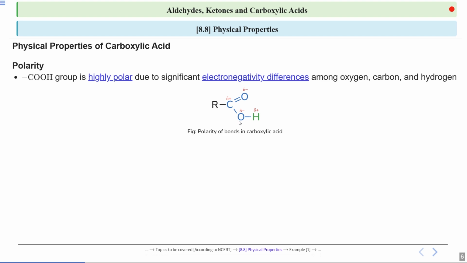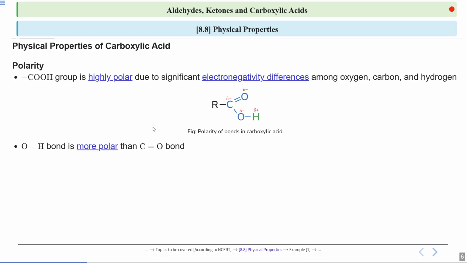On the other hand, carbon and hydrogen have a partial positive charge. Why? Because electrons are pulled away from them towards the oxygen. So here oxygen has a partial negative charge, hydrogen has a partial positive charge. Similarly, carbon will have a partial positive charge and oxygen will have a partial negative charge. So this is the polarity of bonds in carboxylic acids.